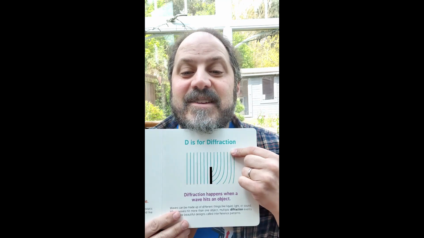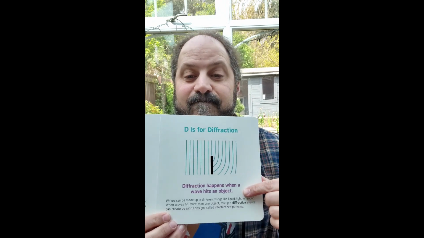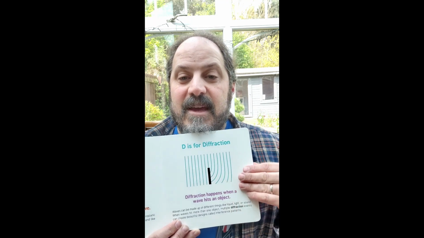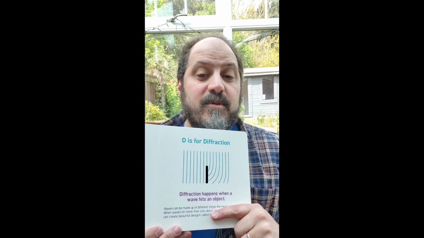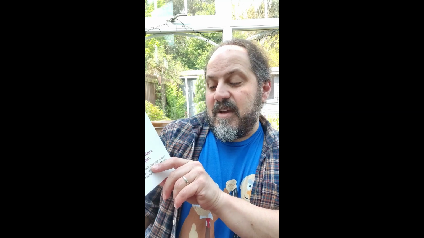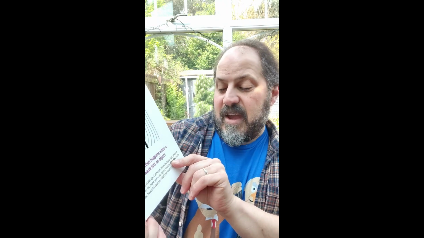D is for diffraction. We talked about this with optical physics. Diffraction happens when a wave hits an object. It passes through a medium and you get diffraction. And it happens with waves, it happens with physical things like water. Waves can be made up of different things like light, liquid, or sound.